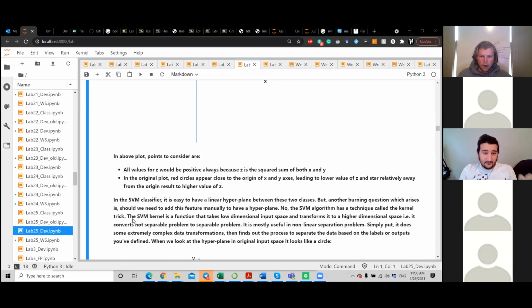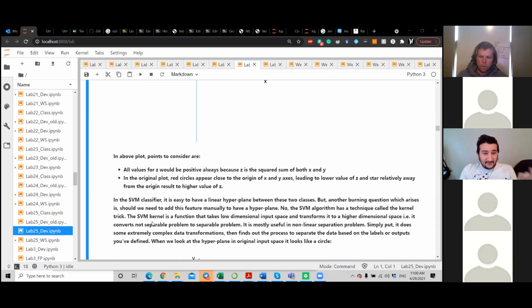The SVM kernel is a function that takes low-dimensional input space and transforms it to a higher dimensional space. As a very wise man in the room said, if you could look at this two-dimensional plot in 3 dimensions, it would be easier for you to do the separation.